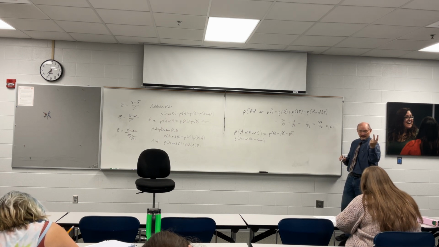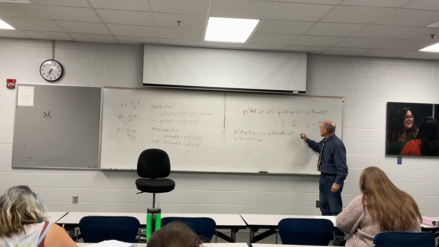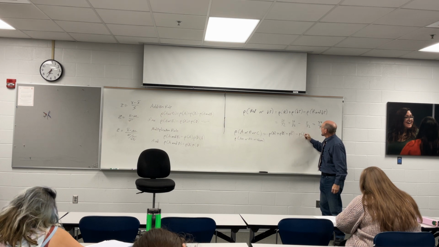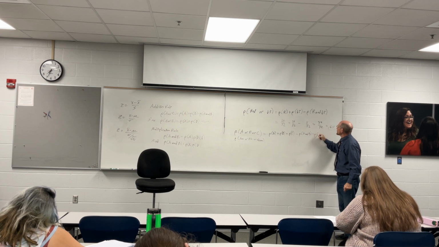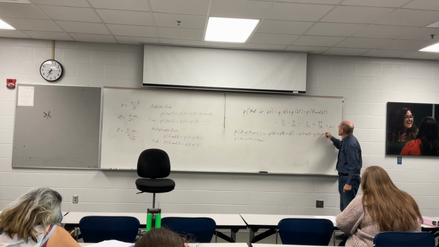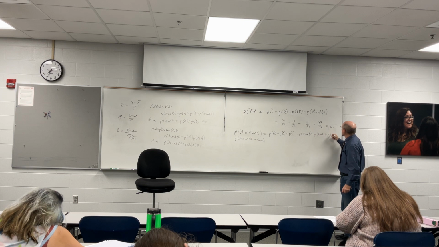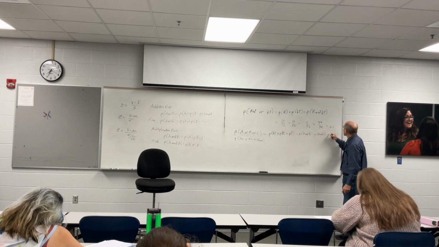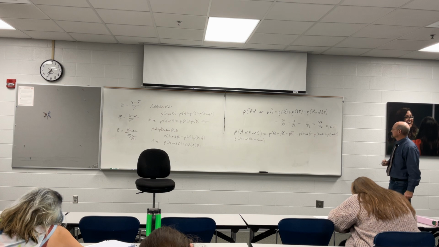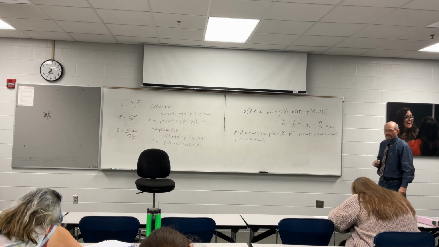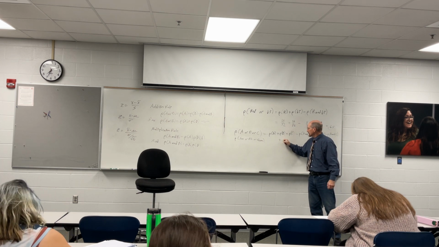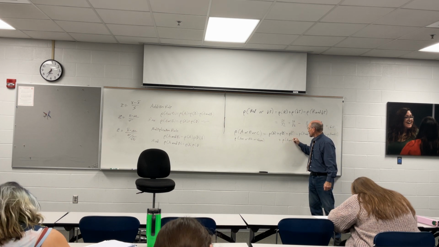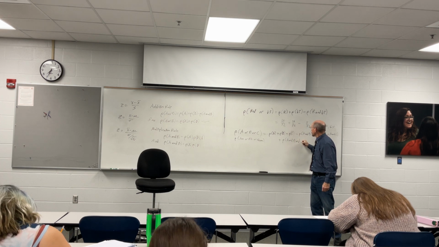This is going to be minus the probability of A and B, minus the probability of B and C, minus the probability of A and C. But now I've subtracted more than I need to. I have to add back in the probability of A and B and C.